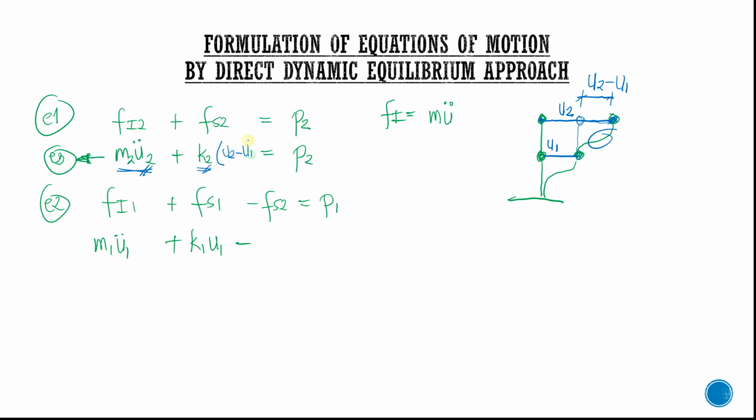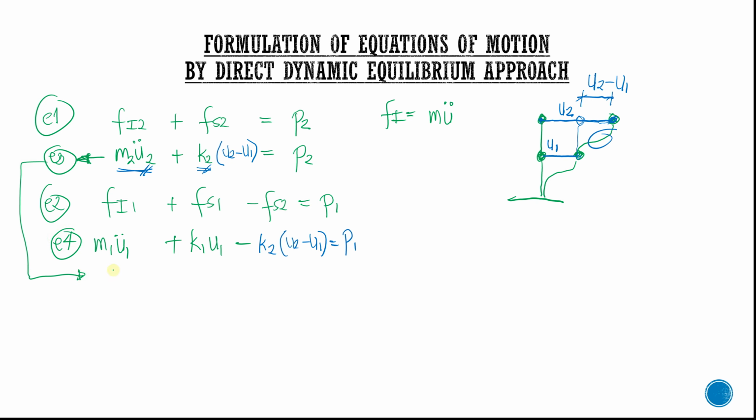U2 minus U1. Same also here, we have minus K2, the stiffness supporting the second floor, times U2 minus U1, equal to the dynamic force applied on the first floor. If we rewrite this one in such a way, this is our equation.